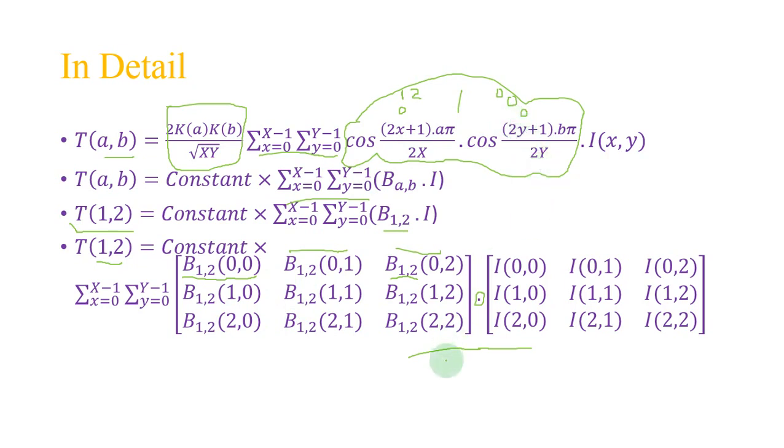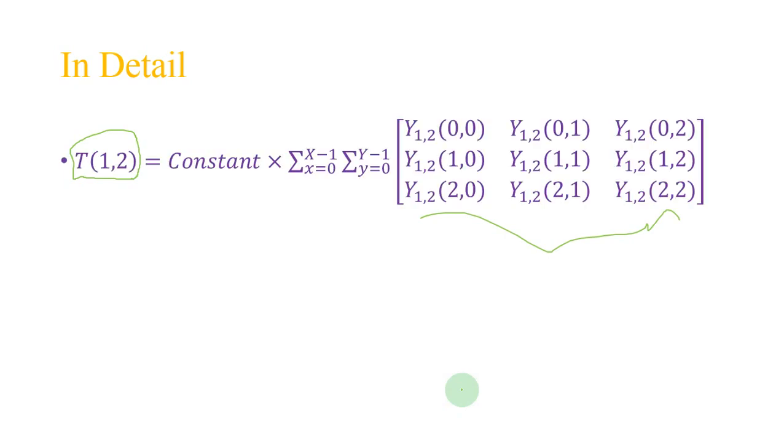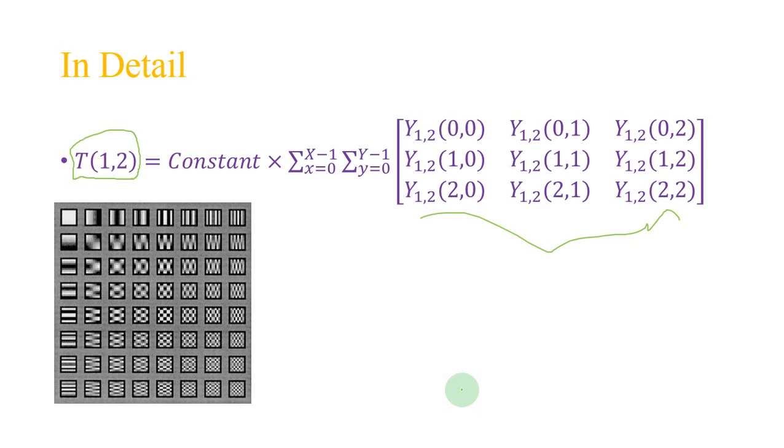So why do we use the basis method? Because it lets us understand the process, understand what is happening inside the DCT. So this is the basis matrix for an 8 cross 8 matrix. These are the different bases.